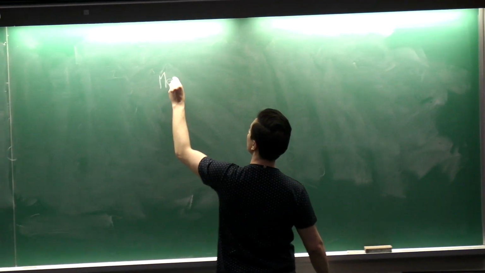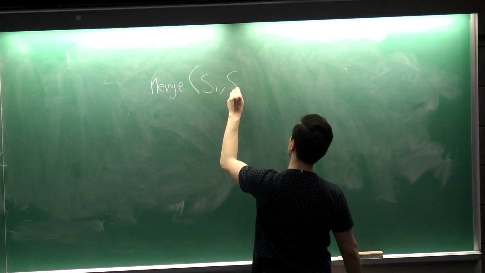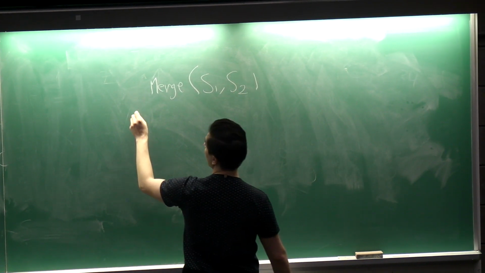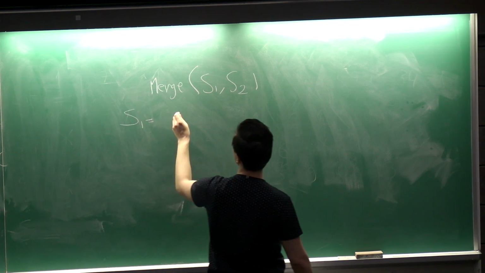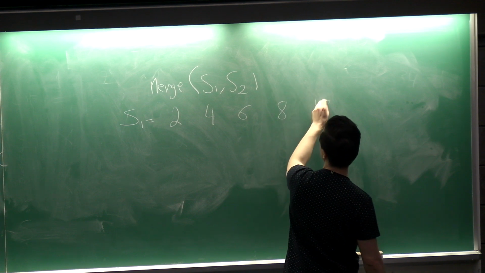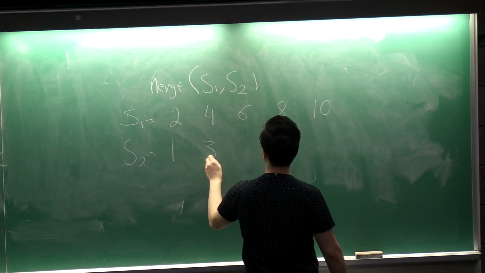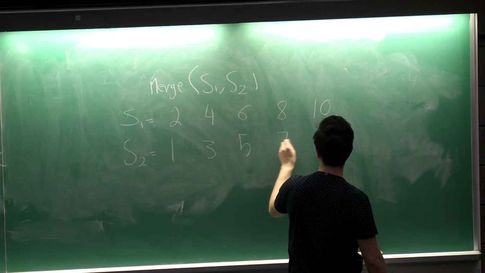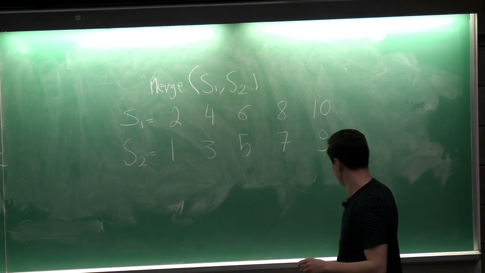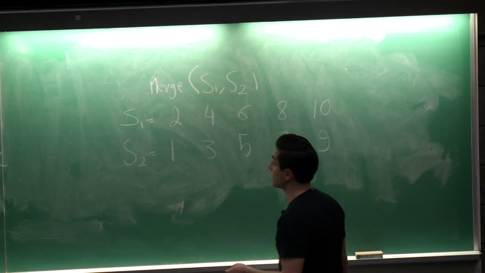So let's assume we have merge here, and it takes S1 and S2. S1 is 2, 4, 6, 8, and 10. S2 is going to be 1, 3, 5, 7, and 9. Right? So let's try to solve it, but while focusing on how many comparisons we make.